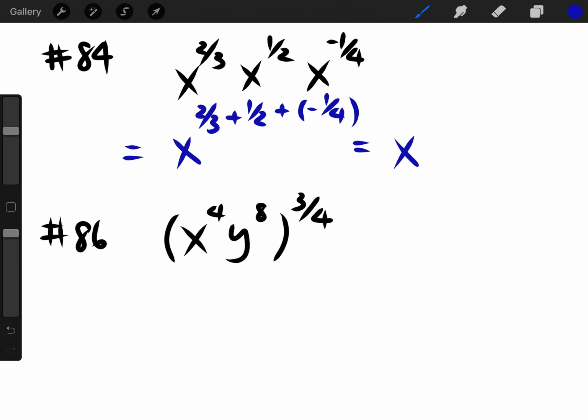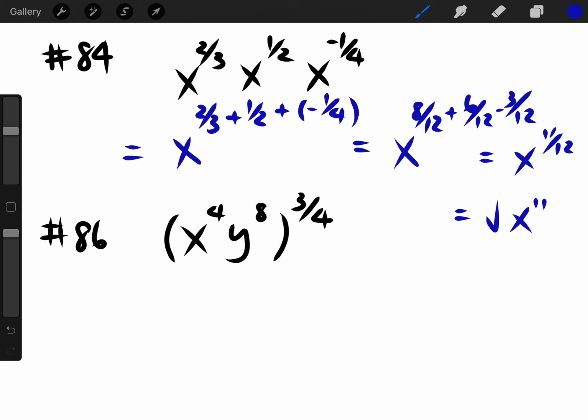Okay, so the least common denominator is going to be 12, so you can rewrite all the fractions with denominator equal to 12. So like that. Okay, so you just add them up. You're going to find out it's x to the 11 over 12. Okay, you can write that in radicals. So it's going to be x to the 11th power, and it's 12th root.